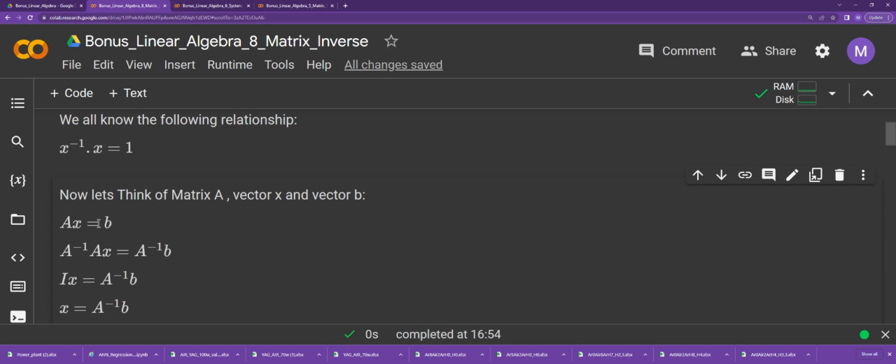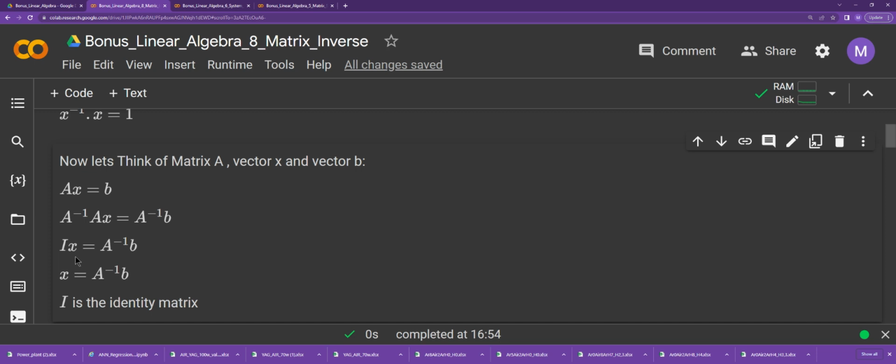So if AX equals B, then inverse A times AX equals inverse A times B. We just multiplied both sides by the inverse of A. The inverse of a matrix multiplied by the same matrix gives you the identity matrix I, which is a diagonal matrix where the diagonal elements are 1.